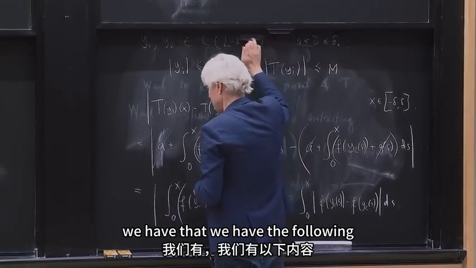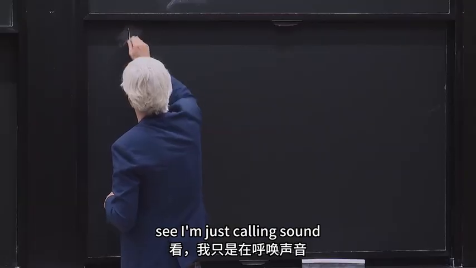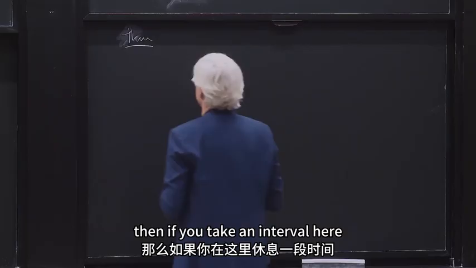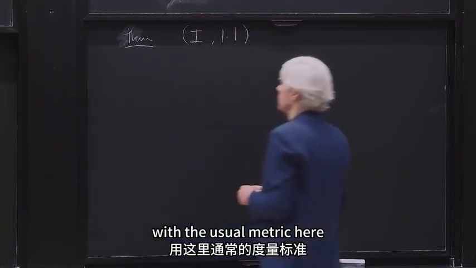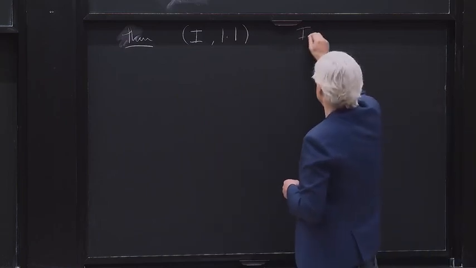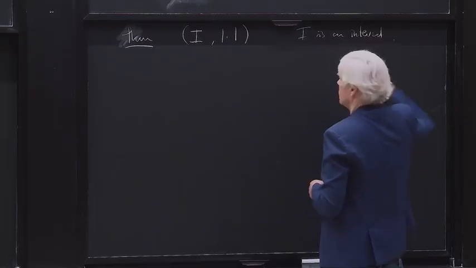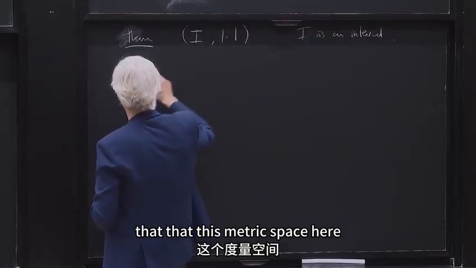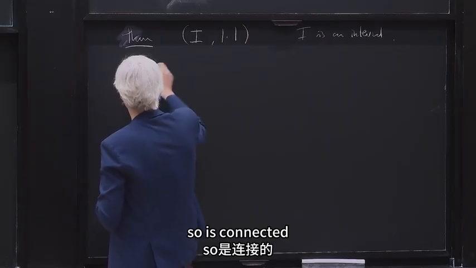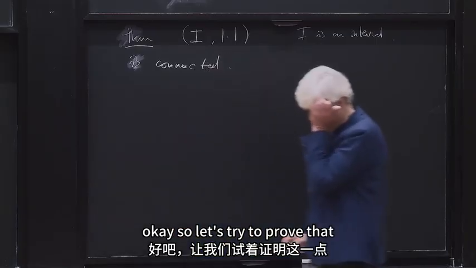And so now we have the following lemma, or theorem, let's call it theorem, that if you take an interval here with the usual metric, so I here is an interval, then the theorem is that this metric space here is connected. Okay, so let's try to prove that.